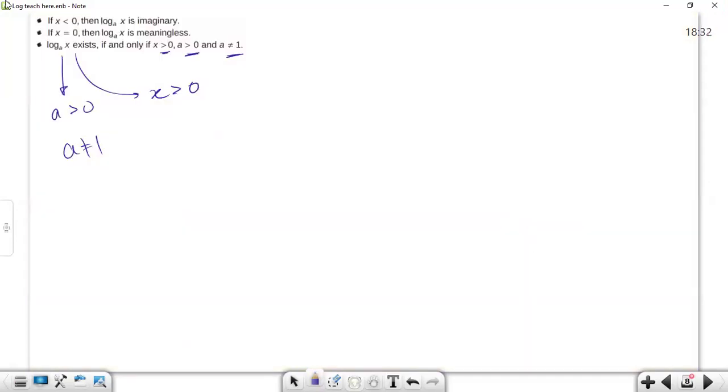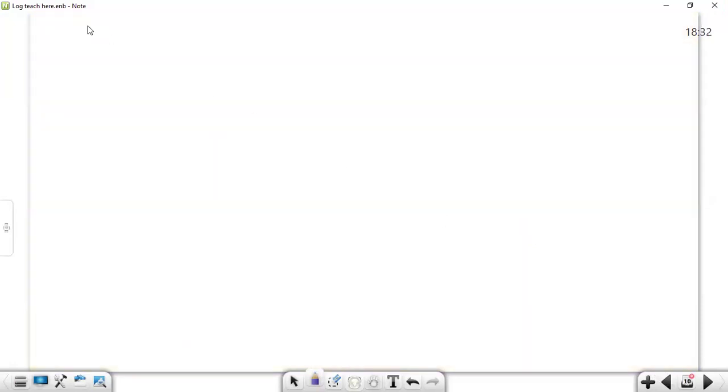Before that, let's do a simple exercise. 2 raised to power 5 is? 32.